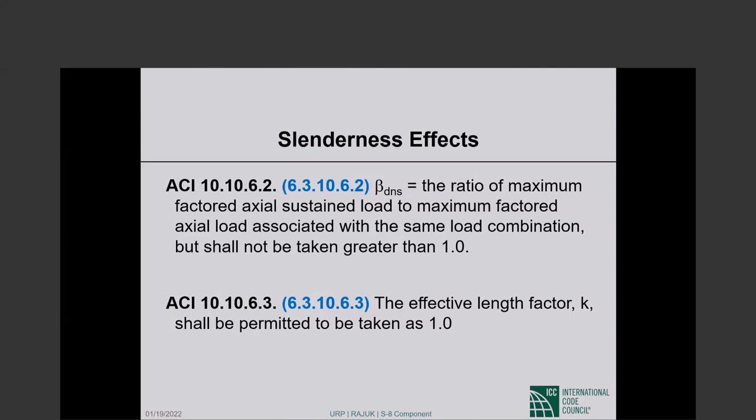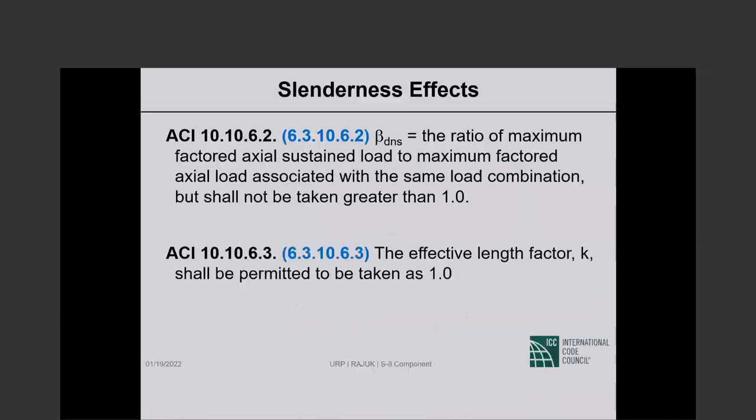If you go back to the basic picture that I borrowed from Winter and Nelson, if it is a braced column, K value cannot be any worse than 1. It is between 0.5 and 1. So you can always take K equal to 1 and be conservative. So that's what 10.10.6.3 is saying.